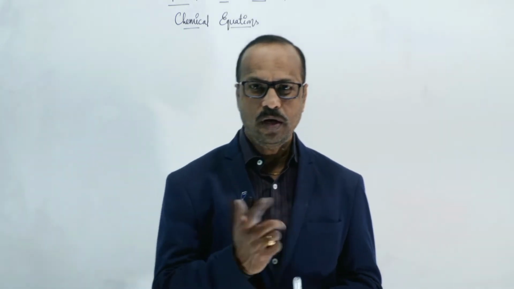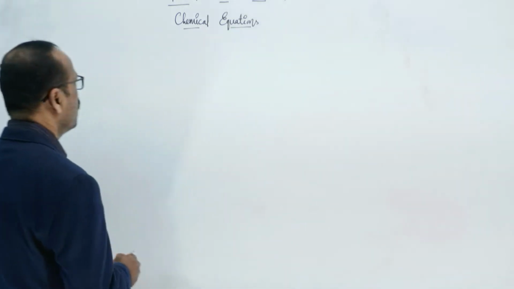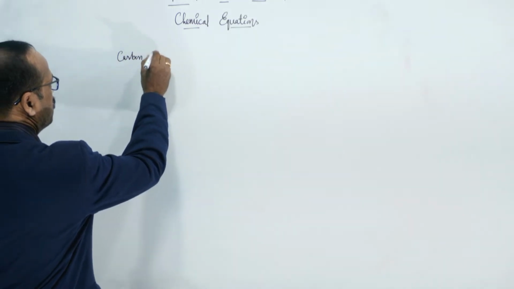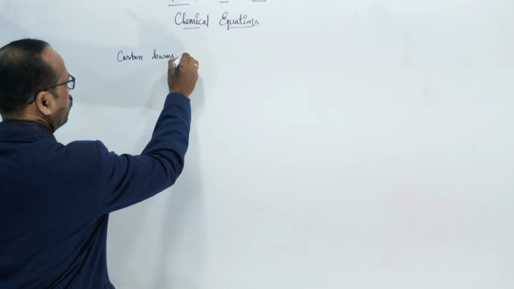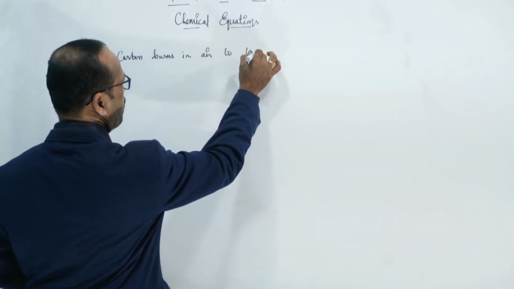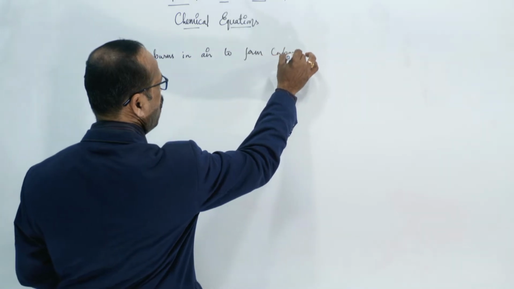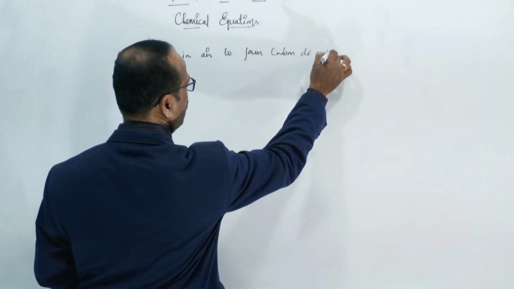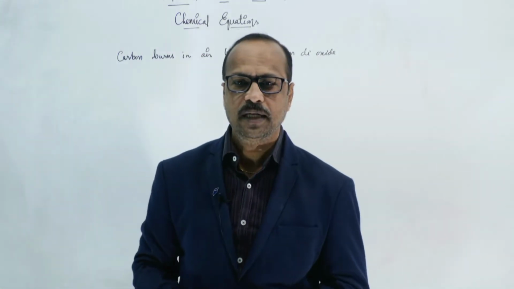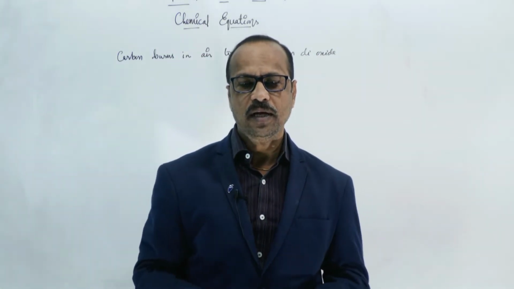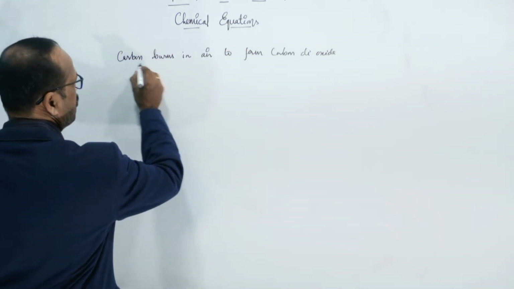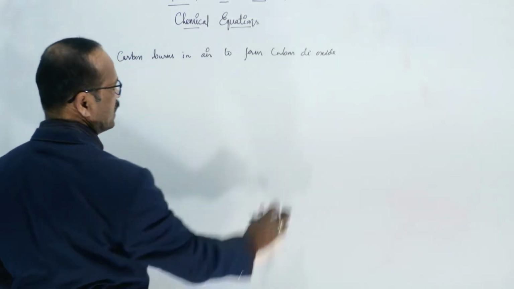For example, just now I gave an example: carbon burns in air to form carbon dioxide. This is a chemical reaction, and we are writing this big sentence.